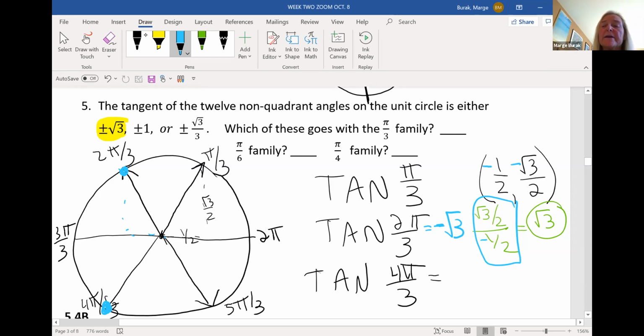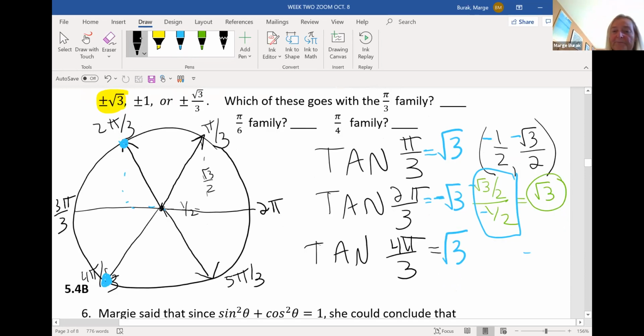So the y over the x is going to be negative over negative, so it becomes positive. So the pi over 3 was positive, 2 pi over 3 was negative, 4 pi over 3 is positive, and who can tell me the last one?